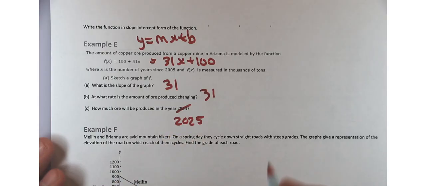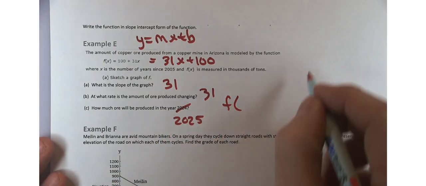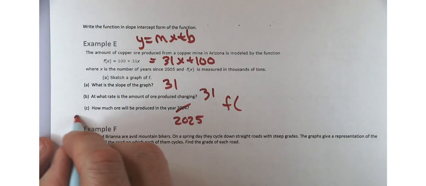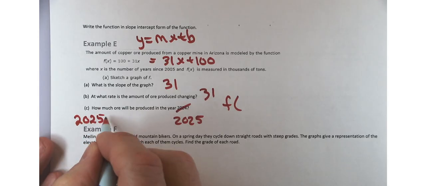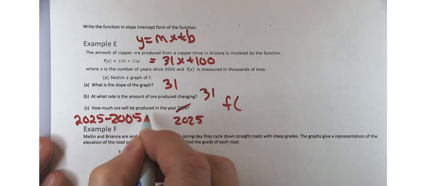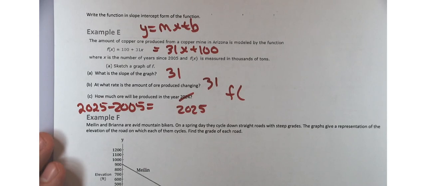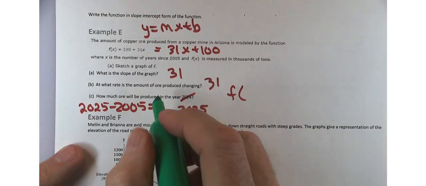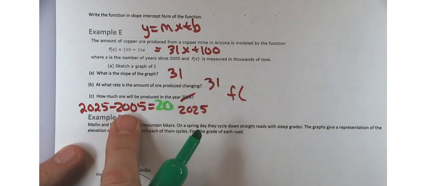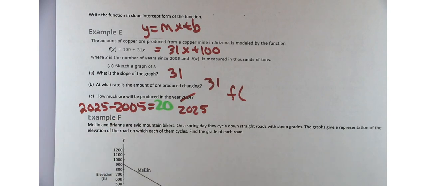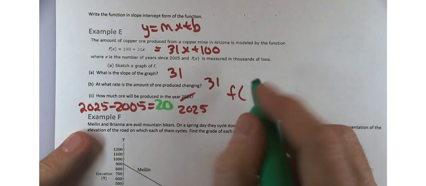When you take 2025, that's 20 years later, so you're actually 20. There you go. So 2025 is exactly 20 years after 2005. So we're going to figure out f of 20.